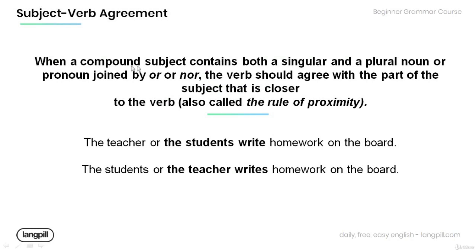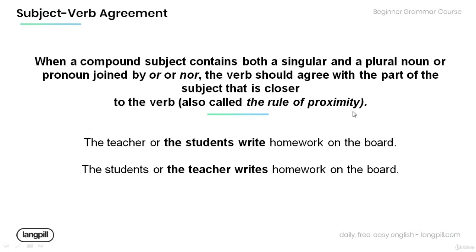Remember that when a compound subject contains both a singular and a plural noun or pronoun joined by or or nor, the verb should agree with the part of the subject that is closer to the verb. And that is also called the rule of proximity.